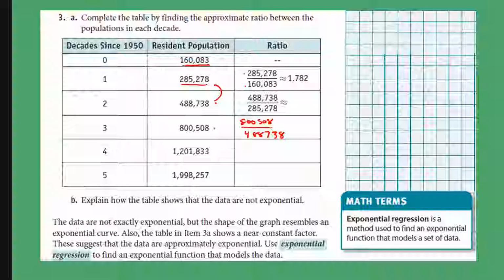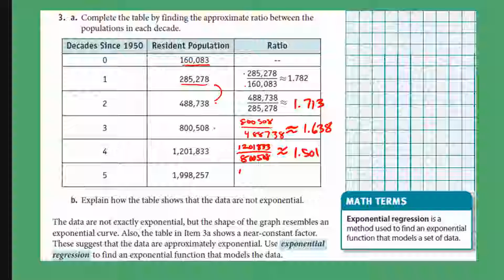488,738. And that's going to give you, and it looks like they're going to the, oh, we didn't finish this one. This one's going to give us 1.713. They're going to the thousandths. These are approximate. That's why the equals is a little wiggly. 1.638 for this one. And then this one will be 1,201,833 divided by that 800,508, which gives us approximately 1.501.